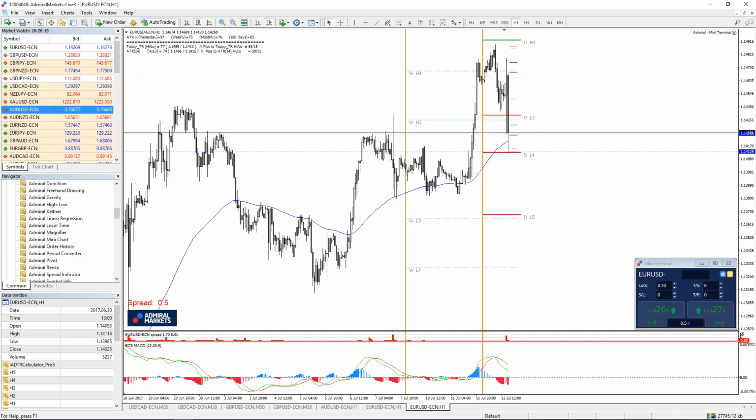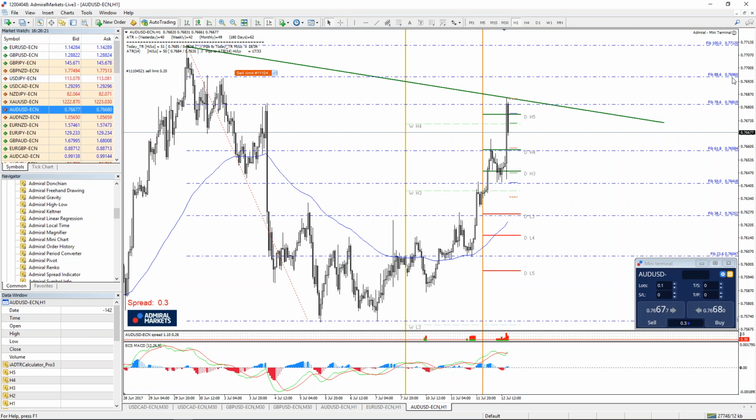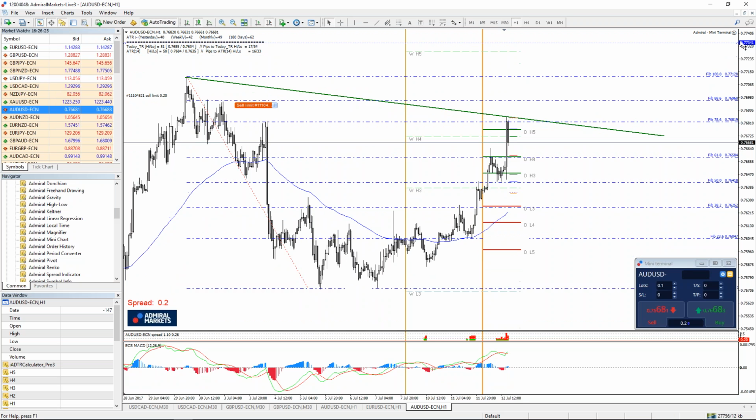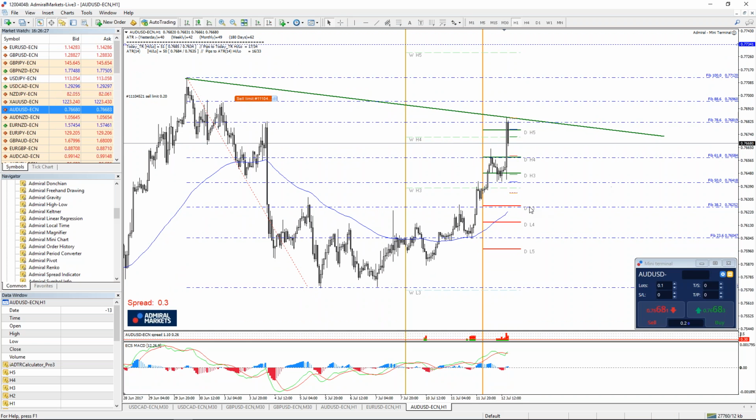And Australian dollar, we have a pending sell, 76.96, 77.33 stop, and TP 76.30, 20. Okay, guys, so this would be everything for today. We need to monitor our trades. We need to be focused. Okay, I hope that we will make money.